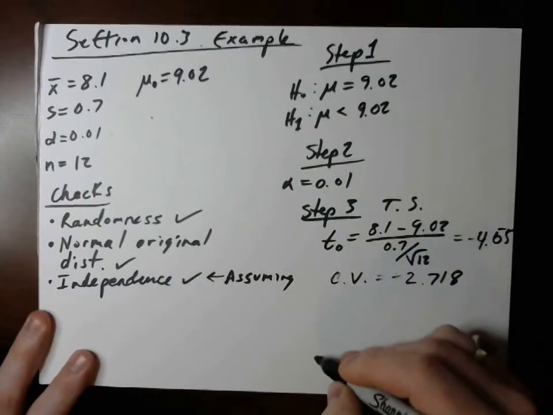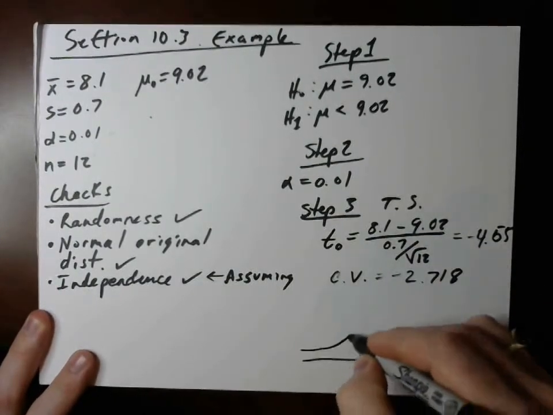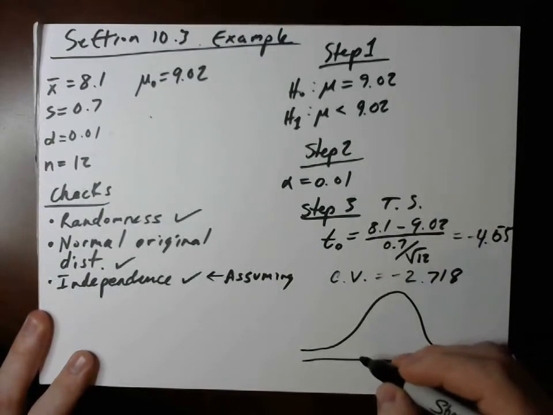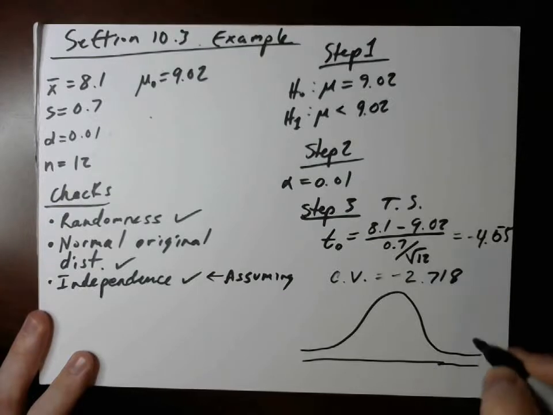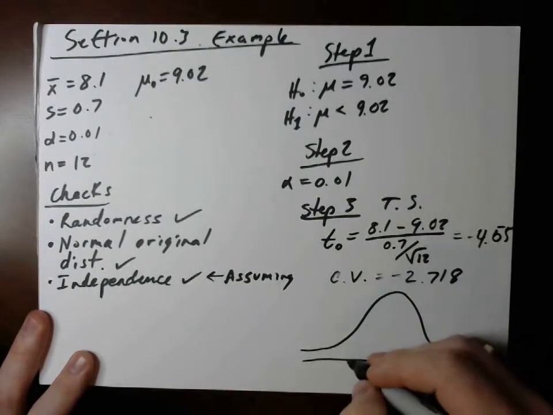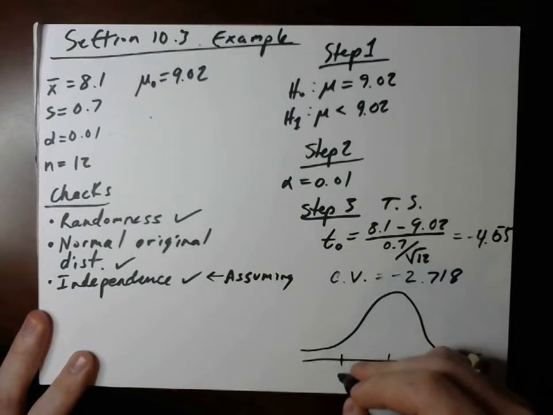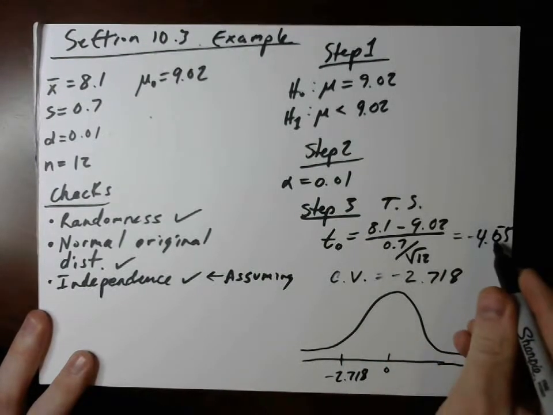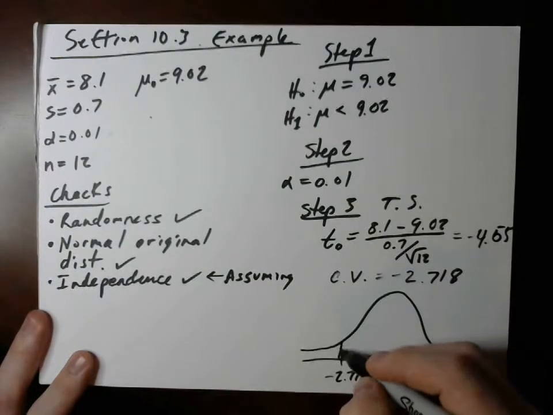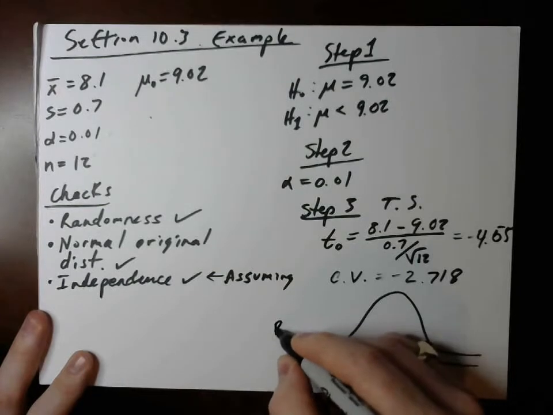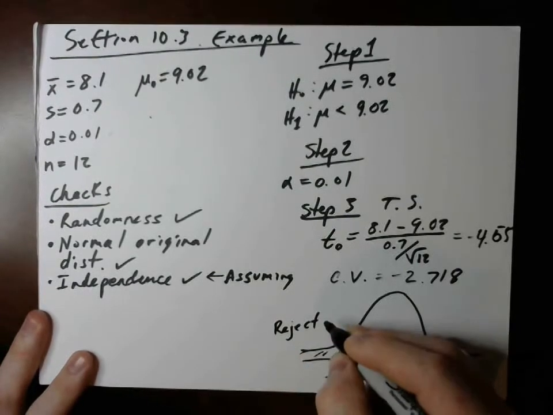So as you can see, maybe a picture of this. A picture will help you determine what happens in step 4. But as we can see, our critical value, let's just say that's 0, and we're down here at negative 2.718. Negative 4.55 is in the critical region, on the tail. So that will tell us that we're going to be rejecting. It's always the same.